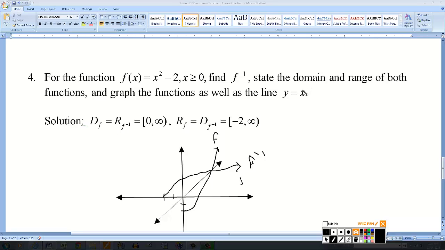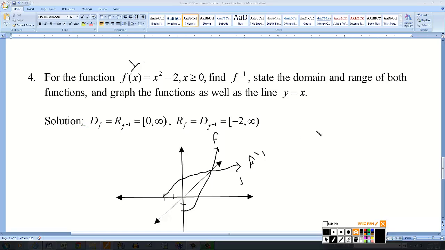Now I need to also find f inverse. To find f inverse, I'm going to take this right here, f of x equals x squared minus 2, and I'm going to interchange the x and the y. This f of x, that's my y.